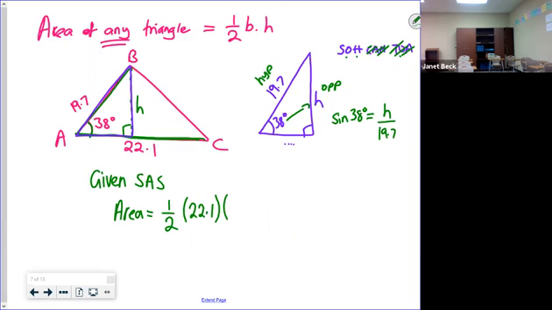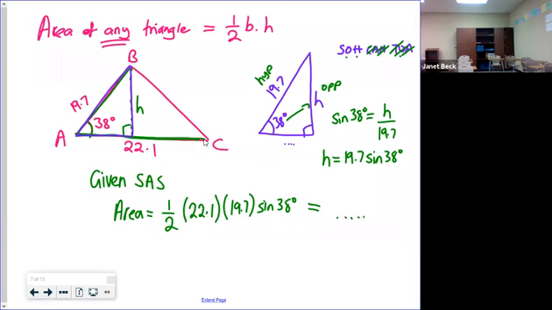Cross multiply that, and our height is 19.7 times the sine of 38 degrees. So that can go in here, 19.7 times the sine of 38 degrees. And you tap that into a calculator and you get your answer.